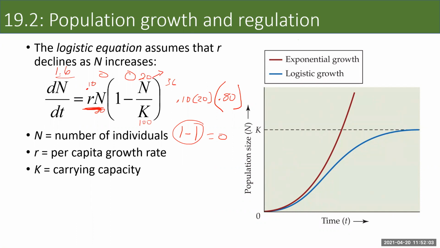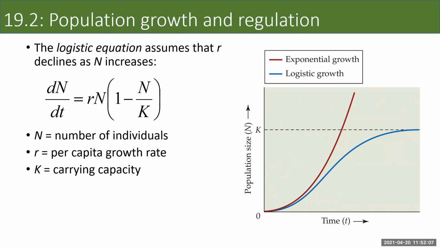So now all of a sudden you're adding 0 individuals to that population, right? So you're adding no individuals, and that's what you get here, right? So this K is taking this exponential growth equation and turning it into this logistic equation based off of carrying capacity.